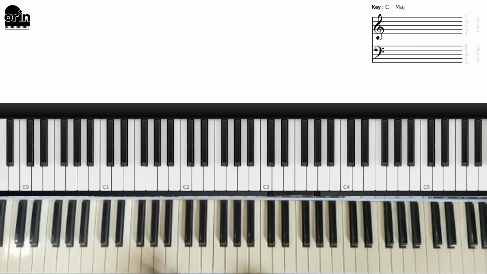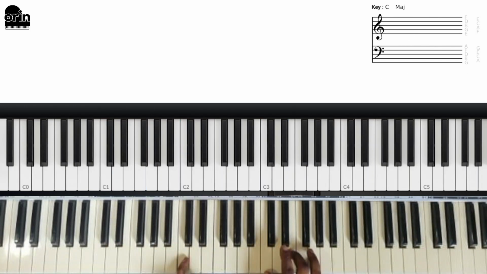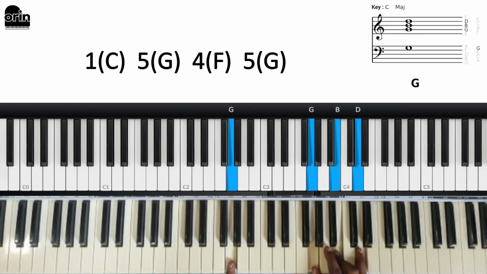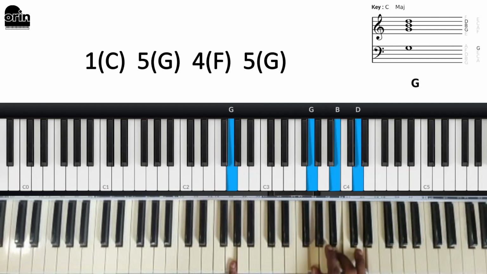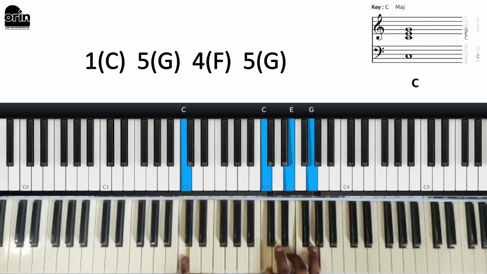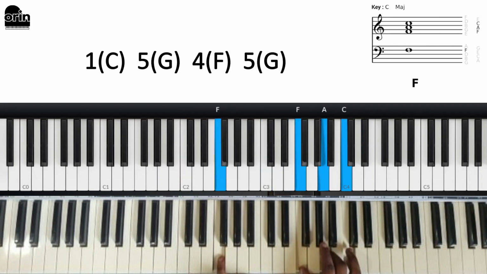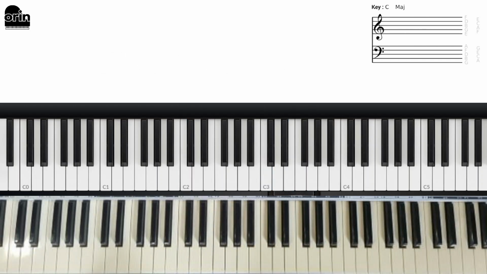Let's stay on the key of C. So if we have C, we might want to go to the 5, then 4 and 5. Okay, let me incorporate more major chords in between.